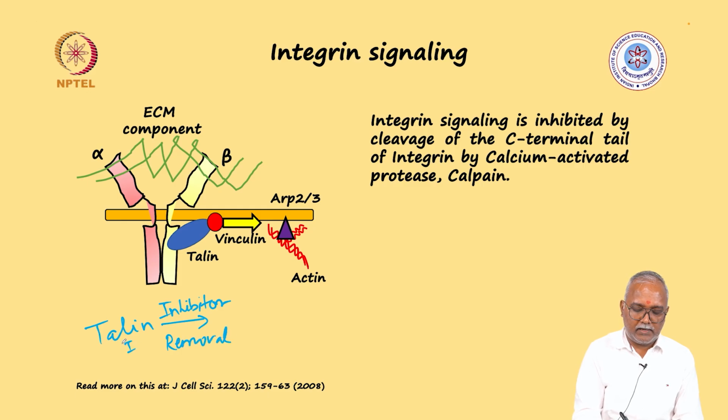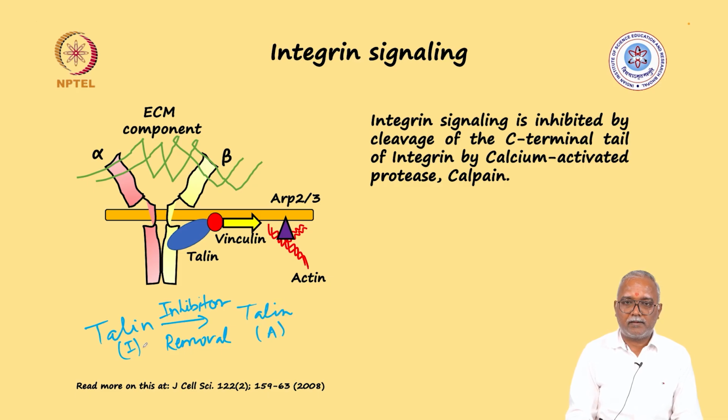If I say TALIN inactive, TALIN active, what was happening over there? That there was a protease which was calpain. This calpain actually cleaved the autoinhibitory conformation of TALIN with its C terminal being removed and generating the active TALIN.